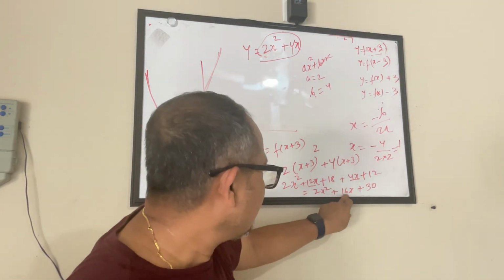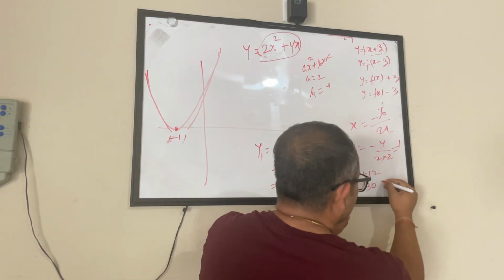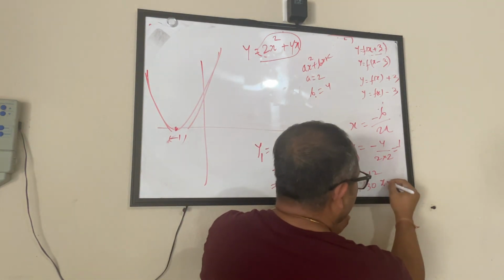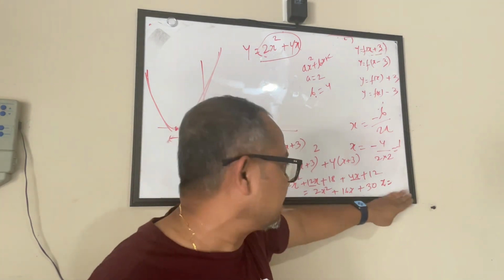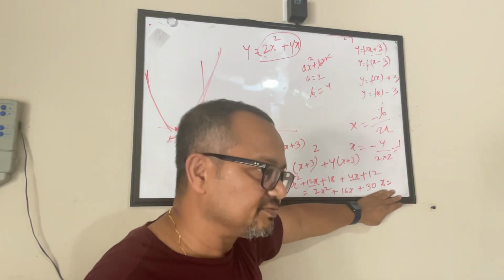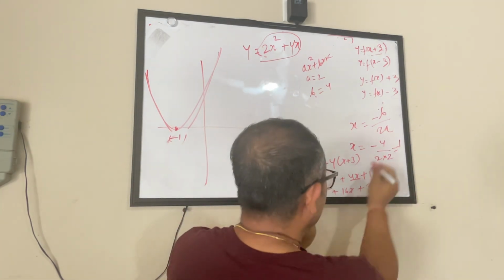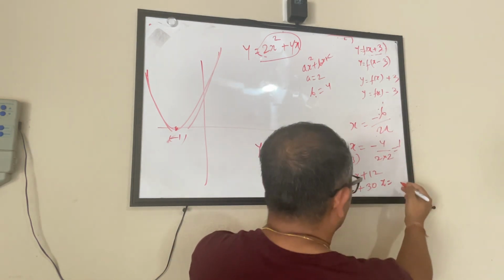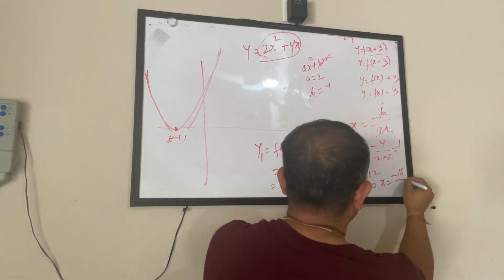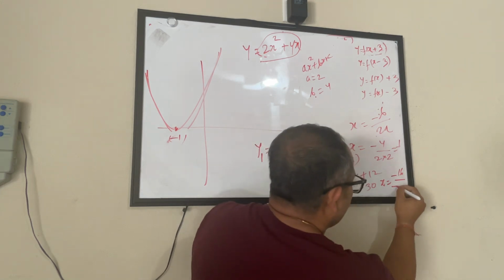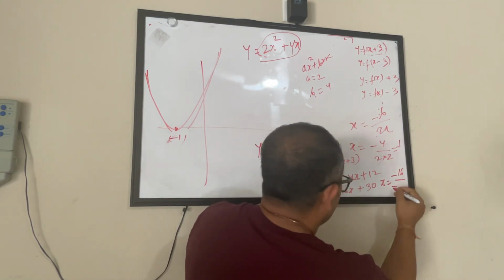In this case, what will be my vertex? What is the x coordinate of the vertex here? It will be again the same thing, minus b by 2a. Minus 16 by 2a is minus 4.